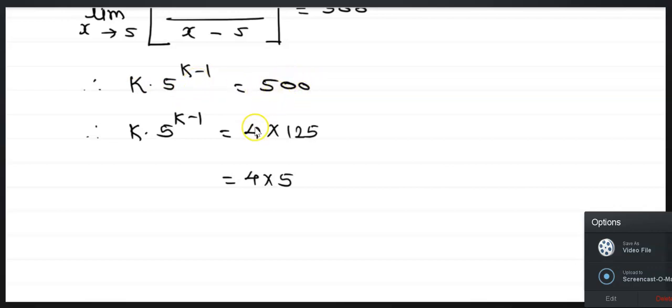This 500 can be written as 4 into 125. Now here 125 means what? 5 raised to 3. And 5 raised to 3 can be written as 5 raised to 4 minus 1.